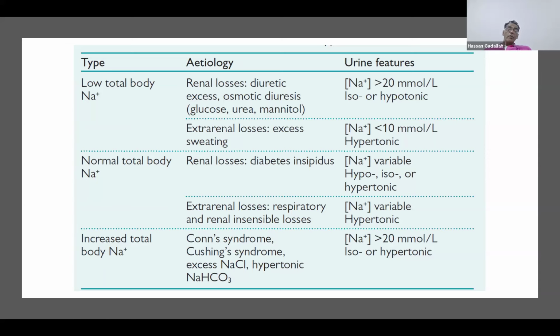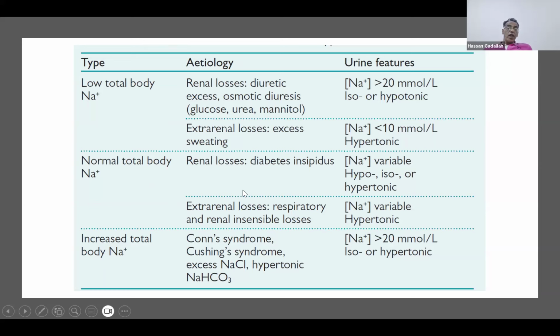So the total body sodium is not affected in such cases, which means that the disorder is mainly a disorder of free water deficit. The renal cause for this is clearly diabetes insipidus, because diabetes insipidus is a disorder leading to free water loss and free water deficit.